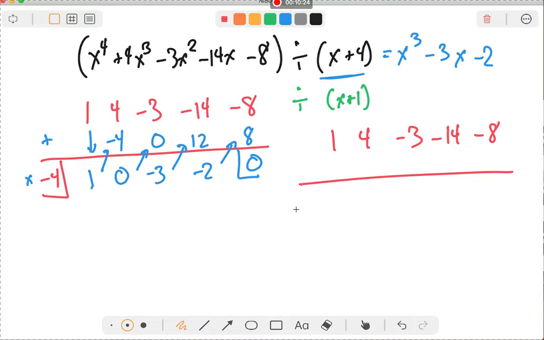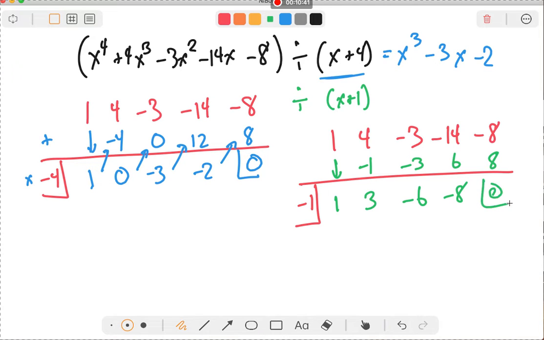We said plus 1, so I'll put a minus 1 here. So let's go ahead: 1, negative 1, 3, negative 3, negative 6, 6, negative 8, 8, 0. Again, this was a factor. My answer is x to the third plus 3x squared minus 6x minus 8.